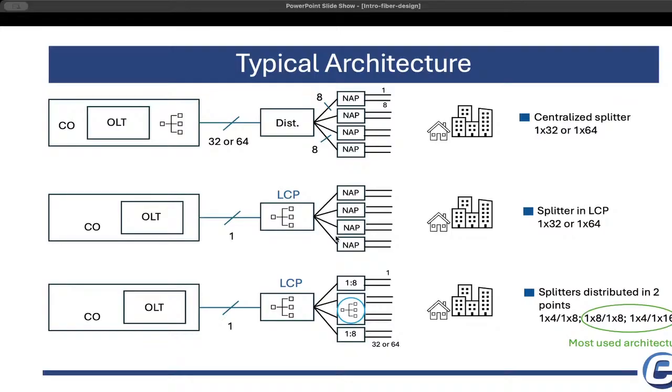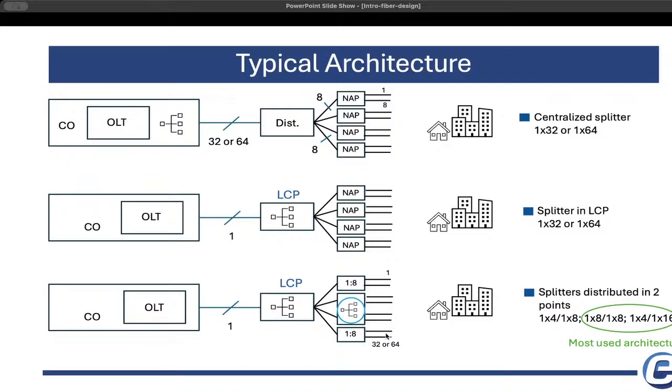That's how you have to look into it. We start from our CO, then we have our convergence point, and then from the convergence point, we distribute to other users. So at the end, each fiber is going to have a user. So you have like 128 users here, 128 users here.